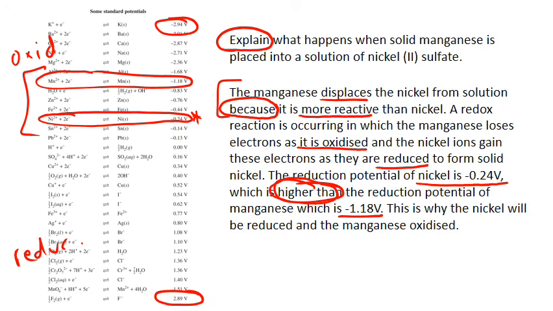In my answer, I'm not going to say manganese is higher up in the table and therefore it's oxidized. I'm not going to just compare their order in this table. I'm going to compare the actual numbers if I'm answering it. And how do the numbers compare? The reduction potential of nickel is higher, so the nickel is reduced. The reduction potential of manganese is lower, so it gets oxidized.